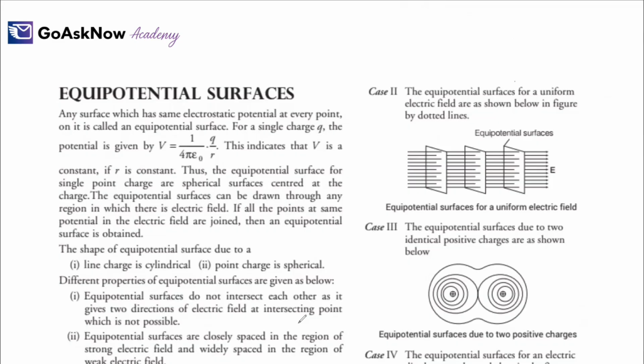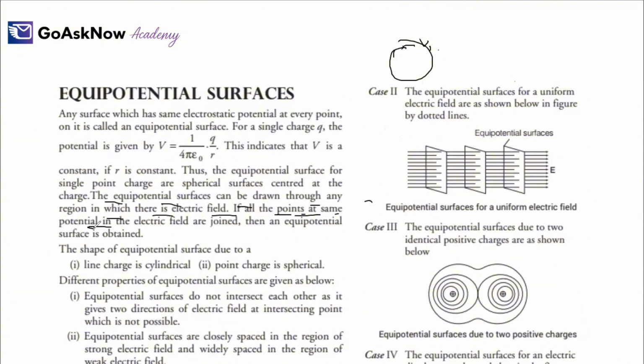I already told you that electric field lines cannot cross each other, because it would show two directions of electric field at a point. Similarly, equipotential surfaces do not intersect each other, because if they intersect, they will give two directions of electric field.